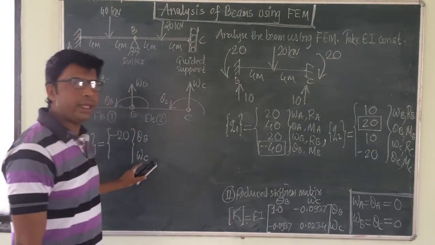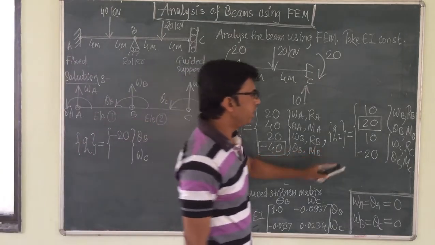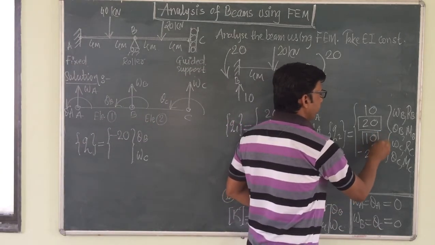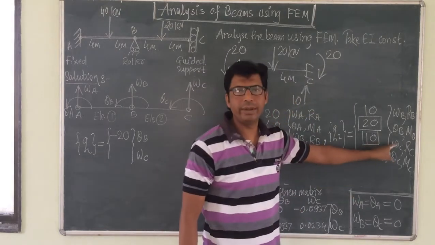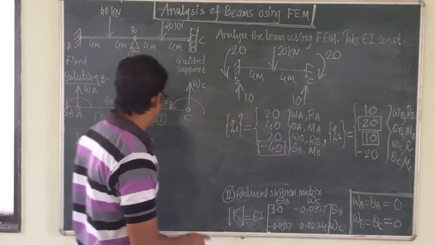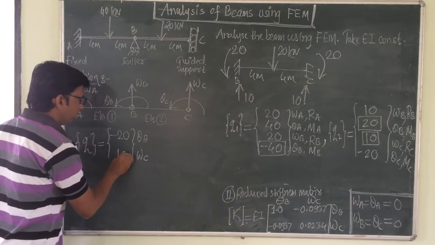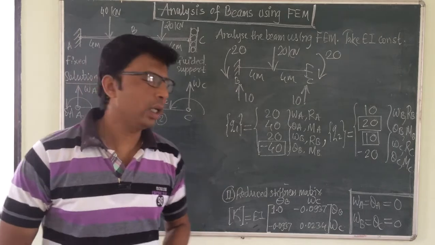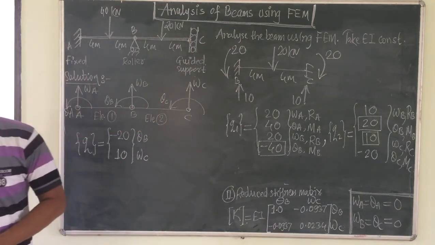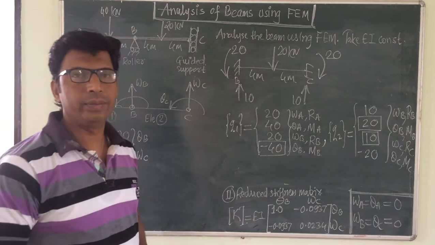Now second is WC. The WC element is plus 10. So the second element is plus 10. So this is the final element nodal load vector. Q is equal to minus 20 and plus 10.